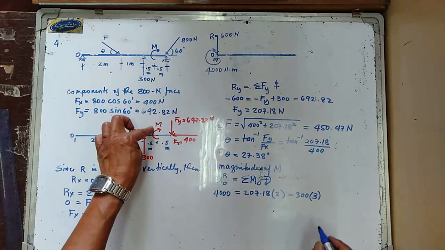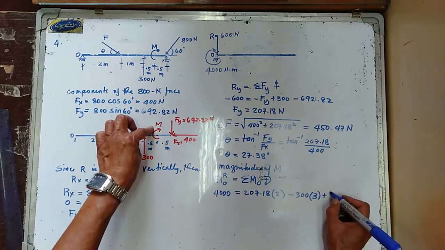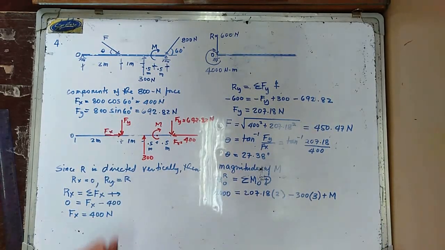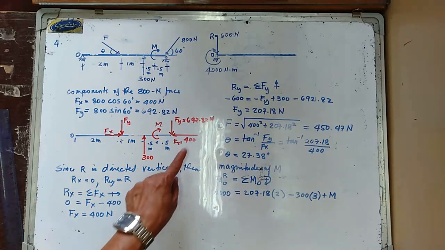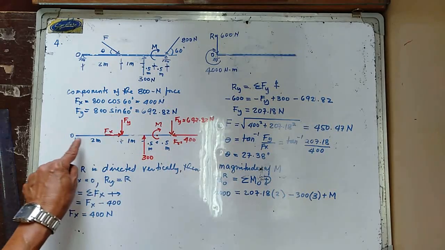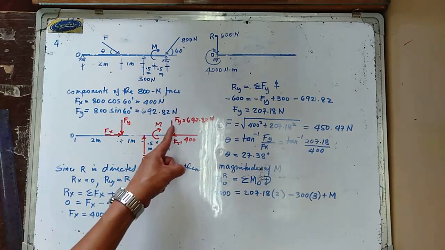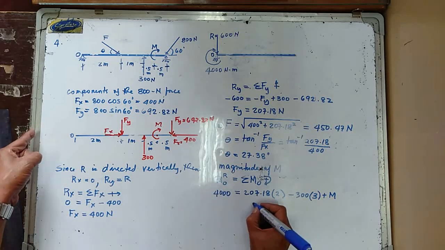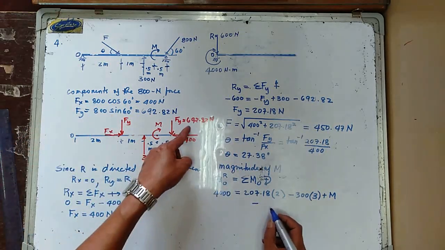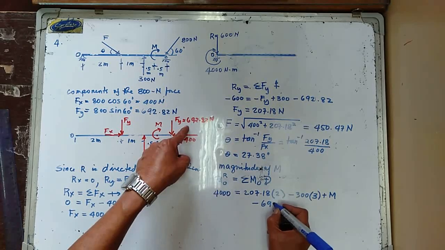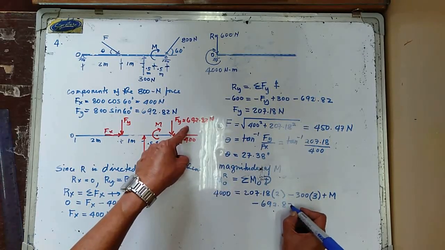So we have plus M, that is a clockwise moment. And your Fx in here has no moment about point O because it passes through your moment center. This one is going clockwise about point O, so that is minus 692.82.